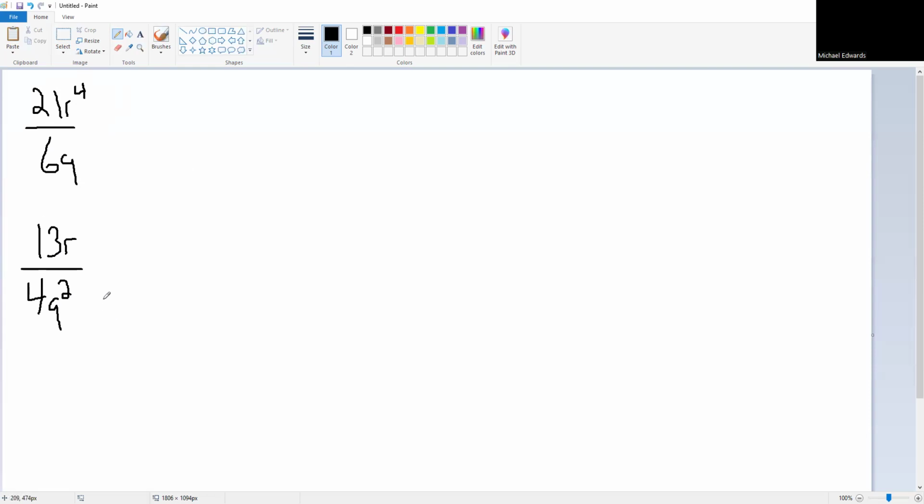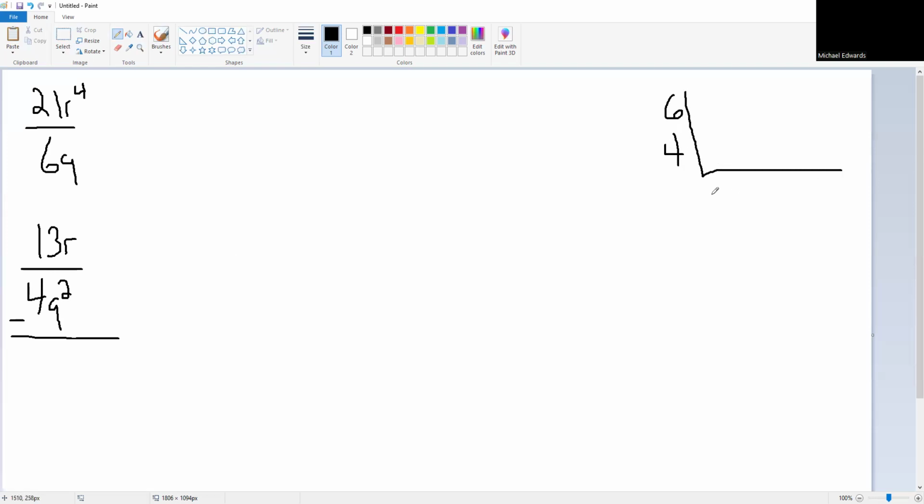Now we need to find the LCD, and this is subtraction. The LCD on something like this is a little simpler, maybe. It is the LCD of these two numbers, 6 and 4.